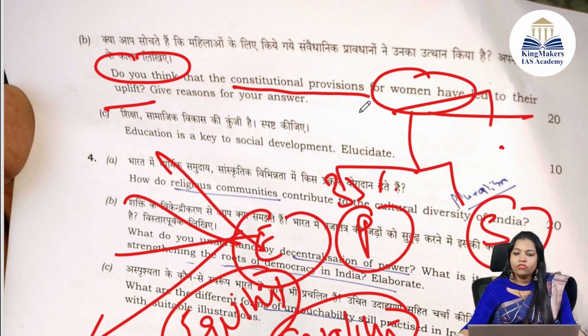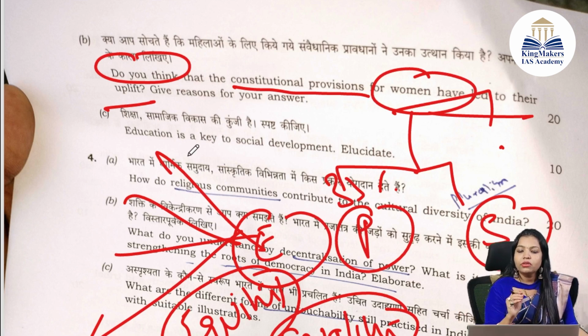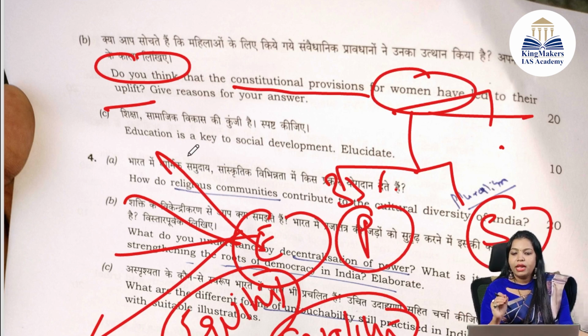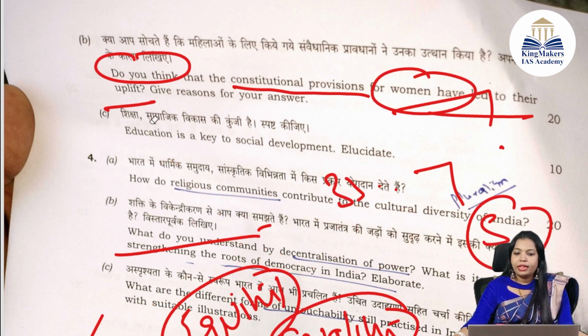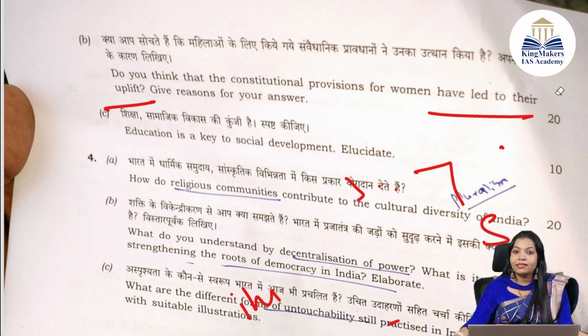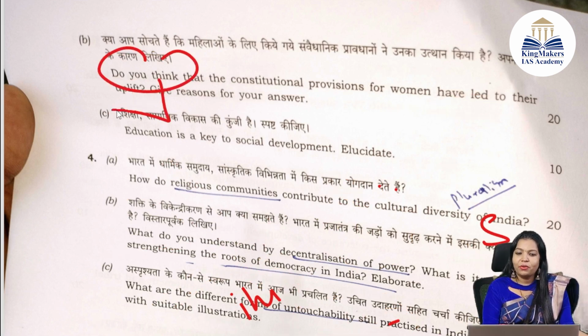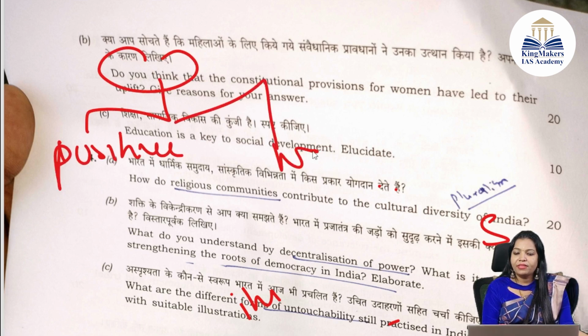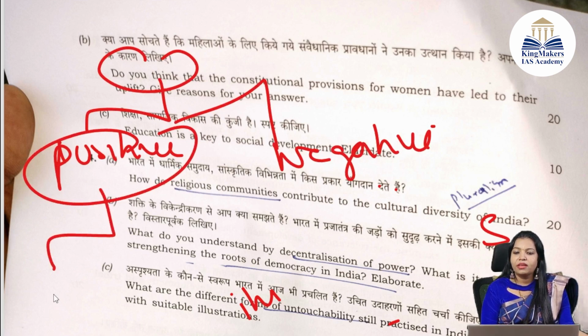So constitutional provisions, adukkaga da vandu questions ketirukanga, do you think that constitutional provisions for women have led to their uplift? Then do you think solumbodhu, always yes and no, please don't give. Okay, I have already taught my students that do you think solumbodhu neenga positive angle please bring it here, and negative side also you have to bring it here. Appo positive side la vandu you can mention yes, constitutional provisions like article 14, article 15, article 16.